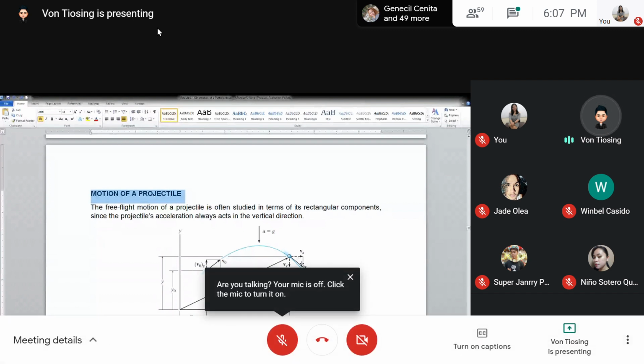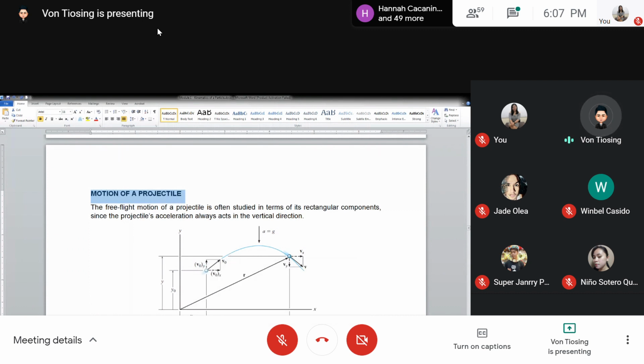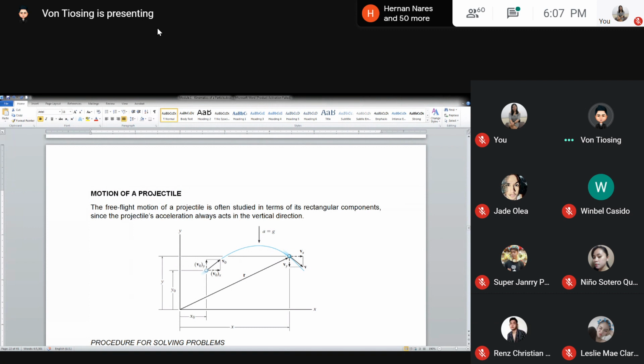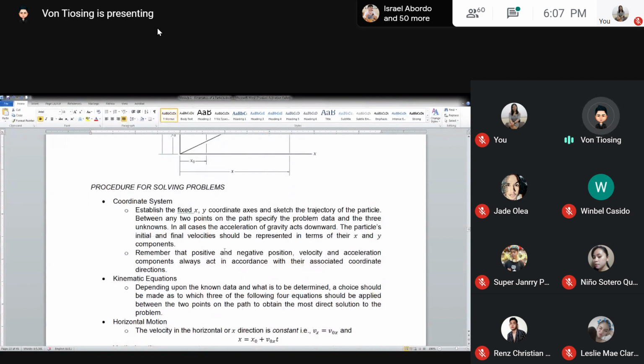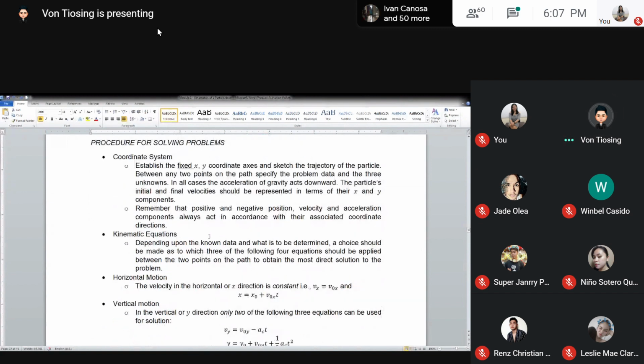Okay, kaya nagkakaroon ng curvilinear motion. So, tingin nyo, ano yung trajectory ng curve kapag projectile? Okay? So, sabihin ko na, it is parabolic. Ay, second degree siya.